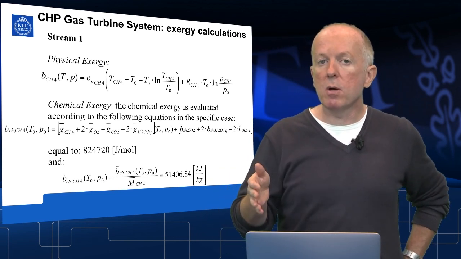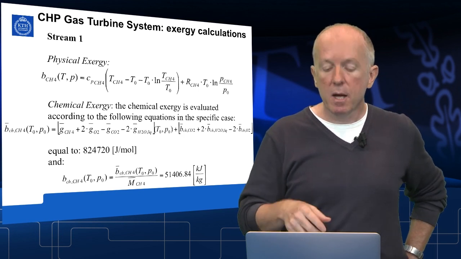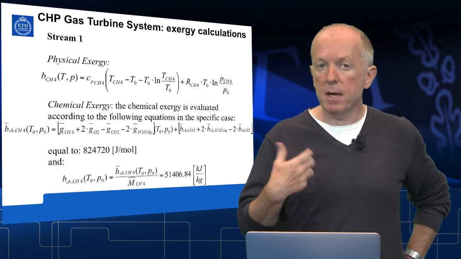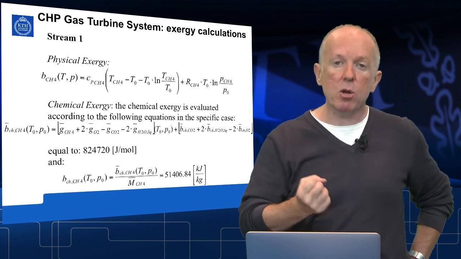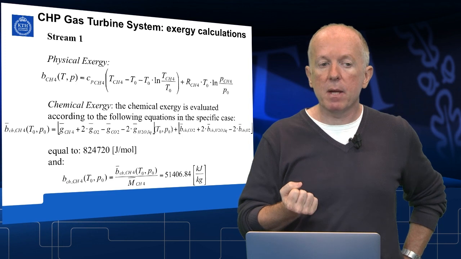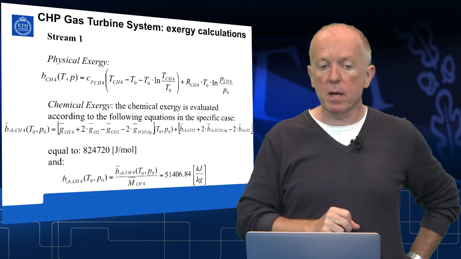Which is, as you see, a quantity definitely very close to the lower heating value of the molecule of CH4. So this is why they say that, considering a fuel like CH4, the calculation of its chemical exergy content at the end gives you a result which is very close to the lower heating value of this molecule.